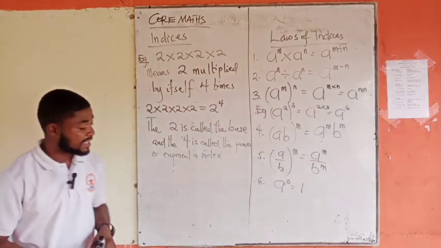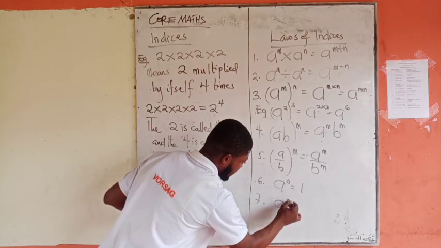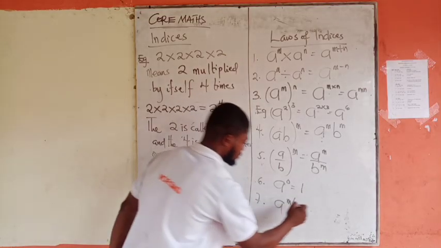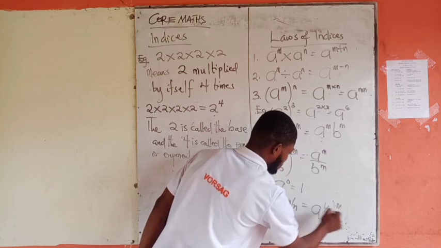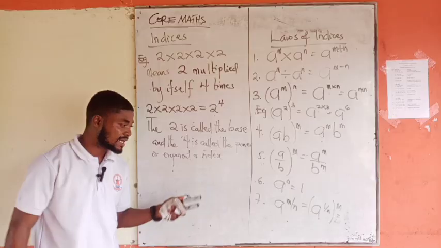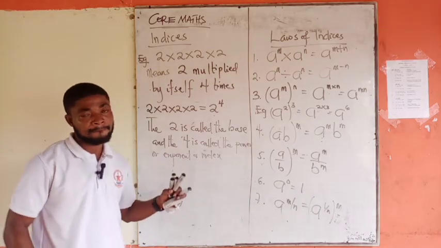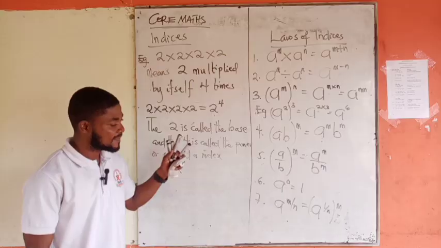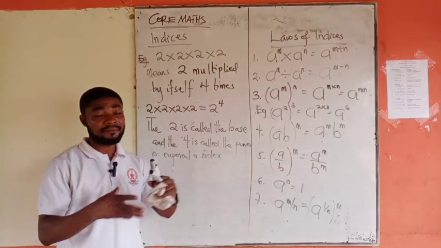And then the last one, when I have A exponent M over N, it can be written as A exponent 1 over N, all exponent M. So basically these are the laws and properties of indices combined.